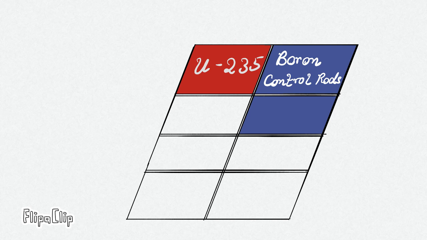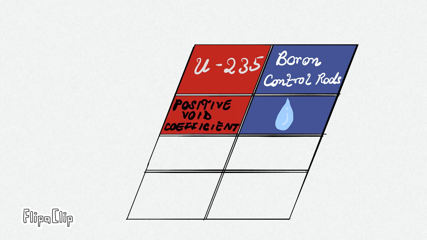However, to cool the system, cool water is also introduced. As it takes heat out of the system, it turns to steam, or what is known as a void. In the RBMK, there was what is known as a positive void coefficient, meaning the more steam present in the system, the higher the reactivity, creating more heat, which creates more steam, meaning more heat, which creates an endless cycle.